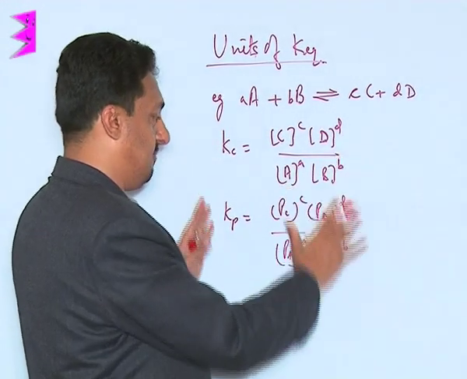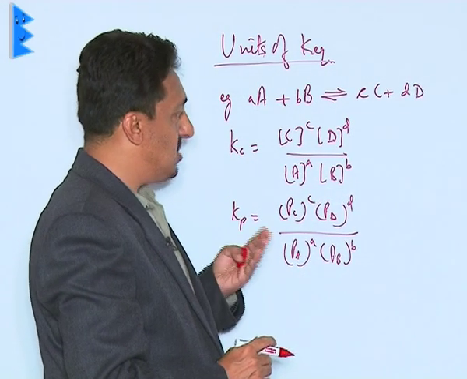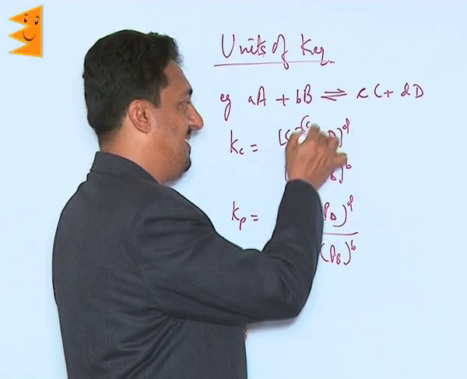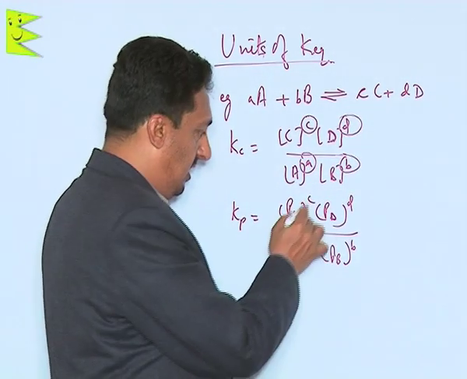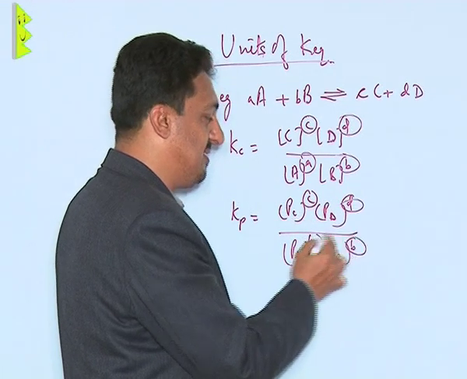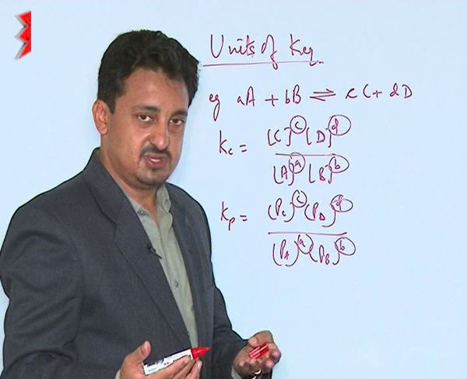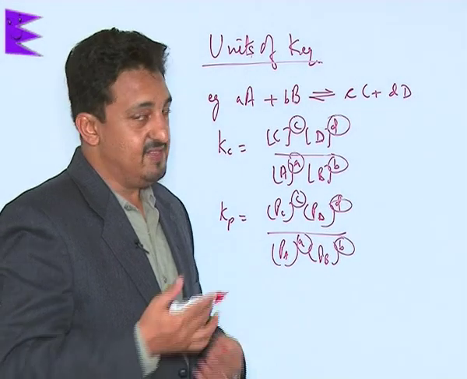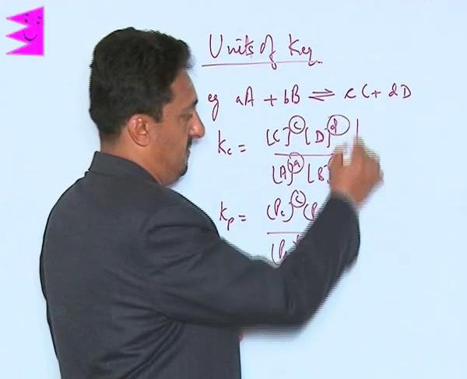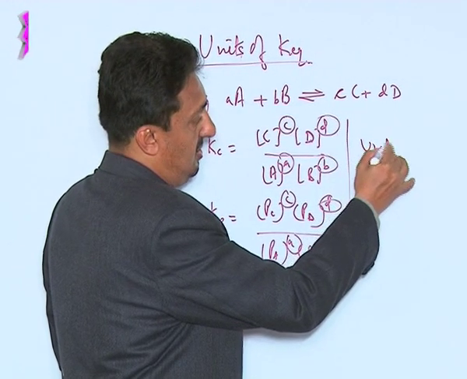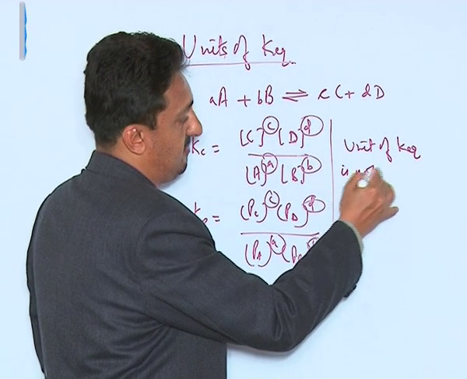Now, in both of these expressions, it is always these coefficients c, d, a, b which make the difference. Since these coefficients will not be the same in all reactions, whatever examples we take, and will differ from reaction to reaction, the unit of the equilibrium constant is not fixed.